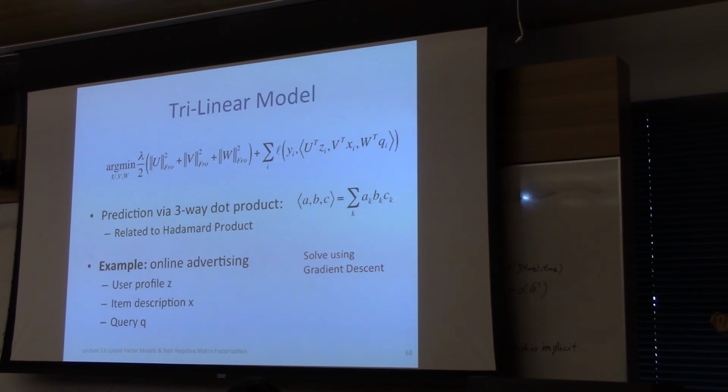And you can actually solve something like this using gradient descent. The same principles of alternating gradient descent apply: holding two sets of parameters fixed and computing the gradient for the third. It works for 3-way models too. You just rotate. So nothing changes there. And if you have enough data, you can estimate this model fairly reliably.